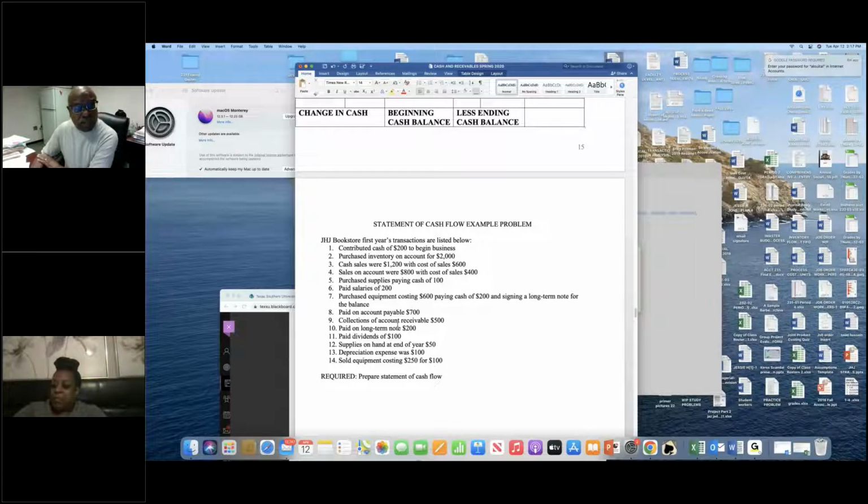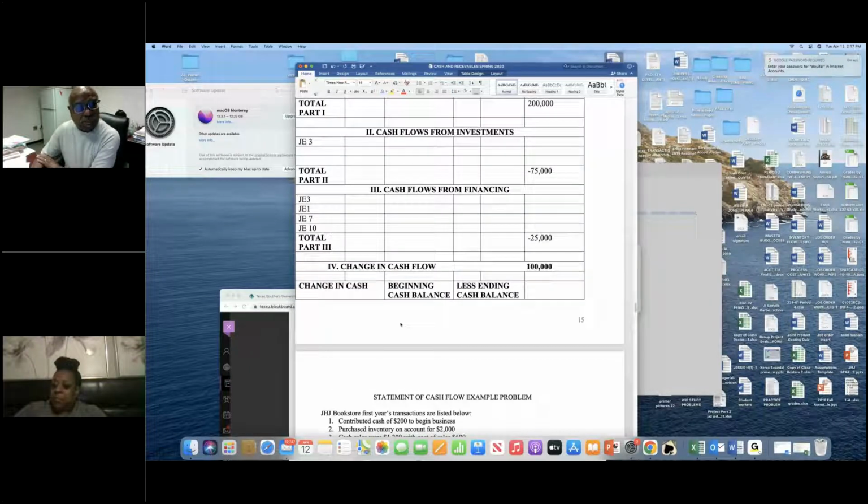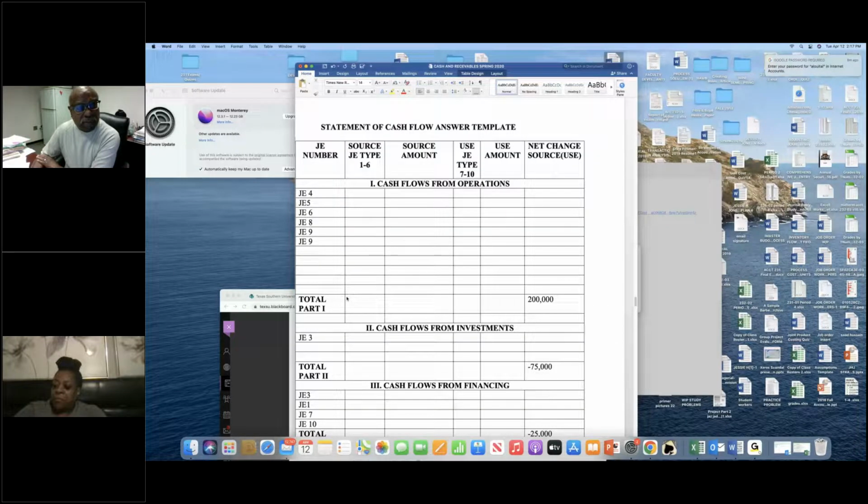So the journal entries, and you got cash coming in 1 through 6, that's the source side. Cash going out 7 through 10, that's the use side. So we want to keep that in mind.